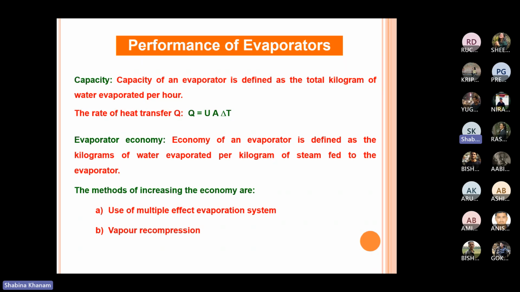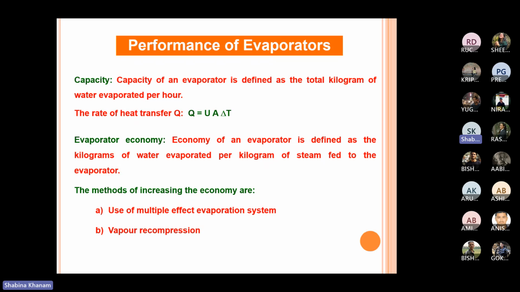In that way, because we are reutilizing the vapor, it does not make any effect on steam consumption, but more vapor will be available for more vaporization, consuming the same steam amount. I hope you are getting it.